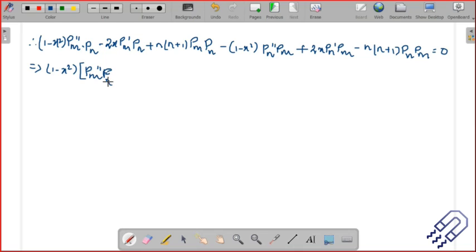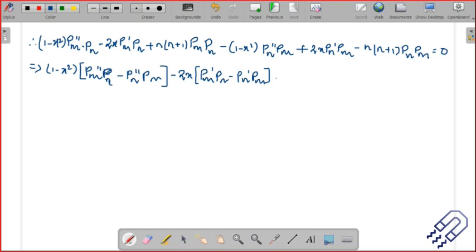Pm double dash Pn minus this term, so this would be Pn double dash Pm. Don't mix it up with Pm and Pn, it might happen. Minus 2x, you can take common. It will be Pm dash Pn, and I've taken the minus sign, so I can take a minus here also. This is Pn dash Pm.